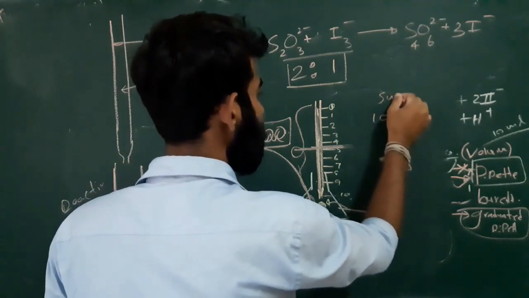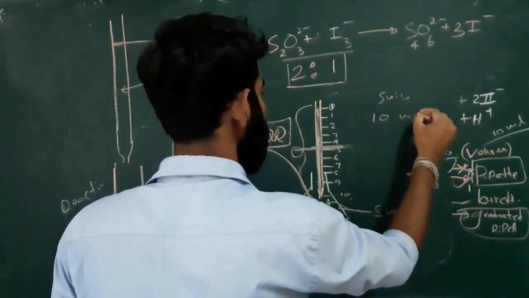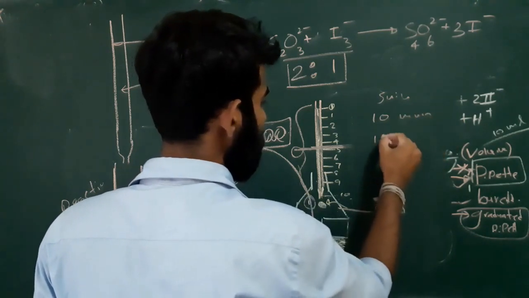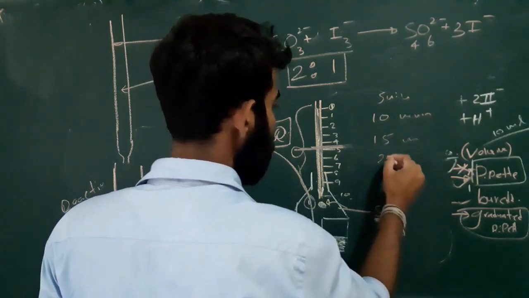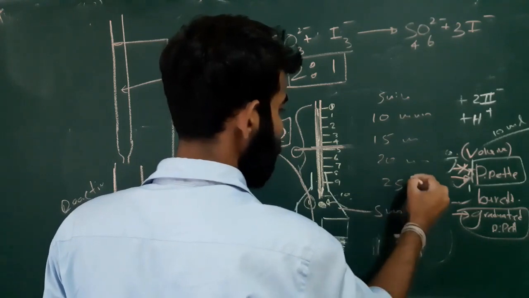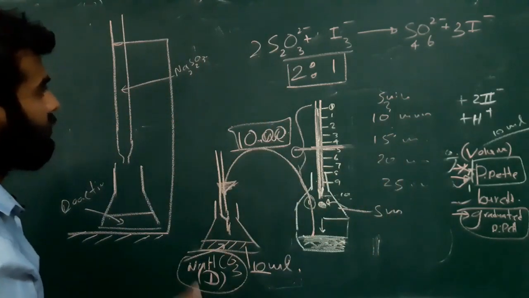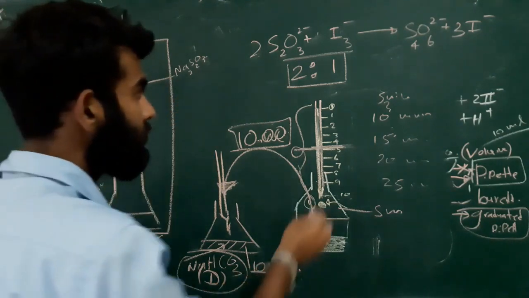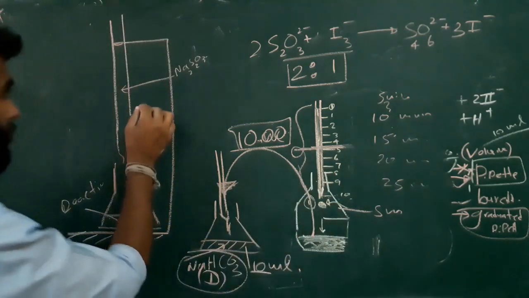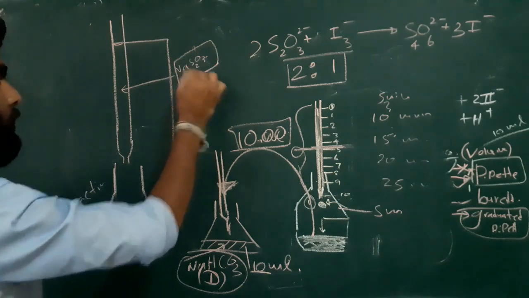Initially you did 5 minutes, and 10 minutes, and 15 minutes, 20 minutes, likewise. You have to do the same procedure at 5 minute intervals. Think about this draining time and you will do the titration with sodium thiosulfate solution.